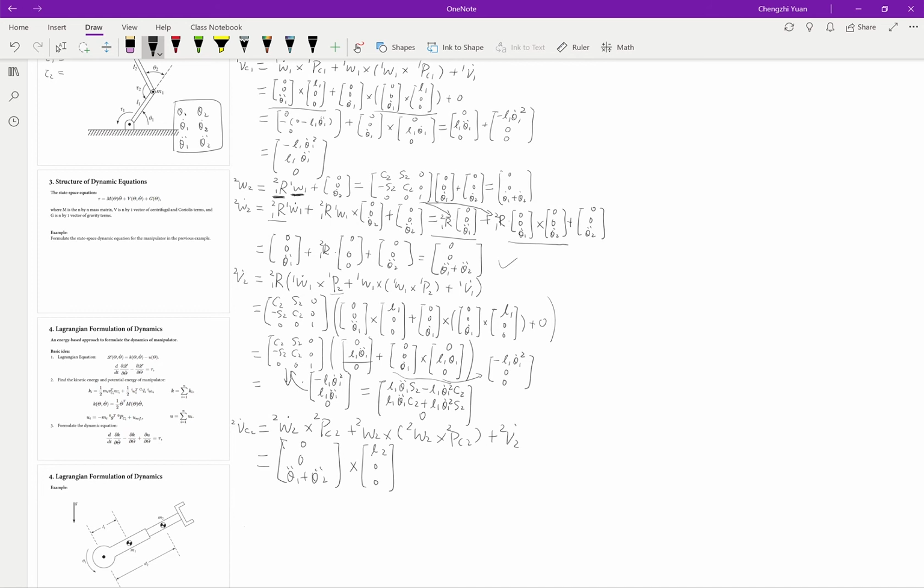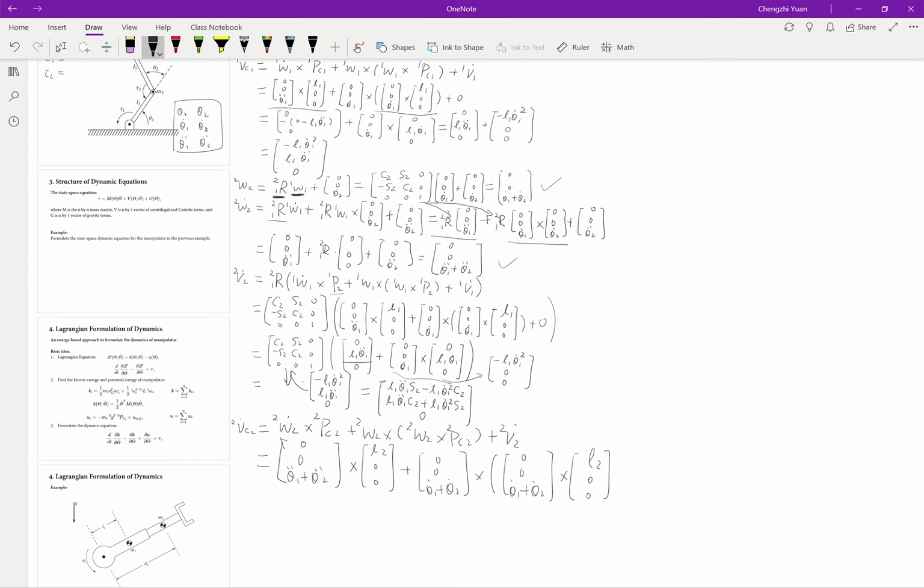Then plus omega 22, which comes from here: 0, 0, theta 1 dot plus theta 2 dot, cross product with the same vector, cross product with L2, 0, 0.